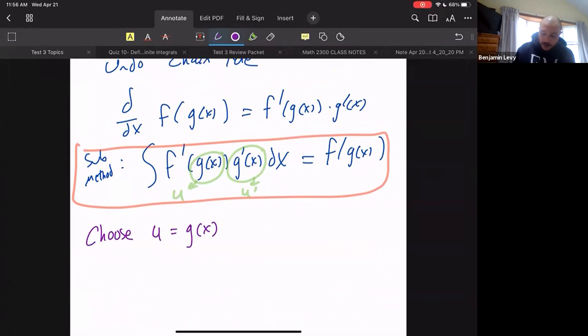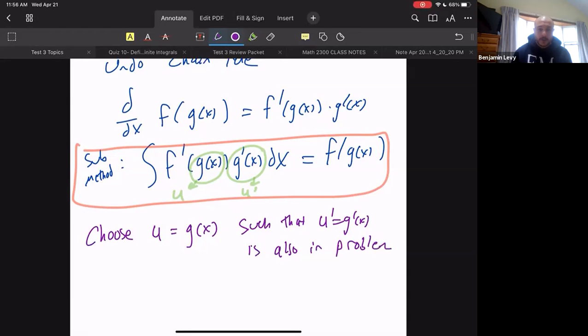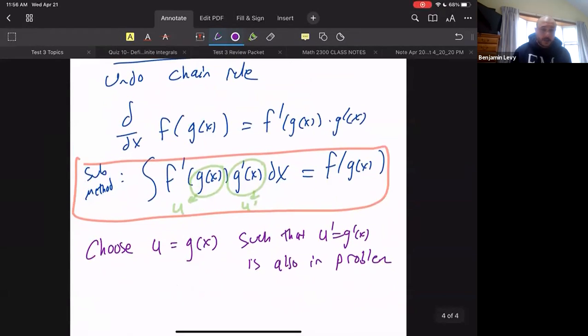And so you choose u equals g of x such that u prime, which is g prime, is also in the problem. I'm trying to make a big deal about how to pick u, obviously because it's the first step to getting the question right. But in terms of just getting points on a test, like if it's a 5-point question, just writing u down is going to get you 2 or 3 of the points.